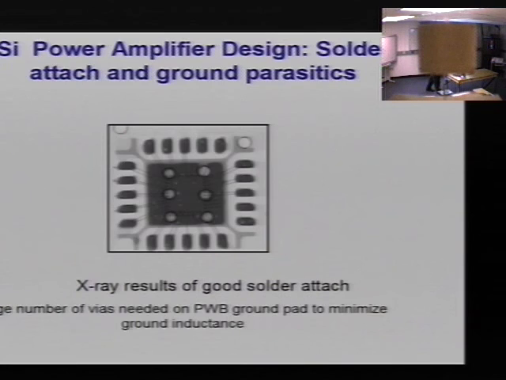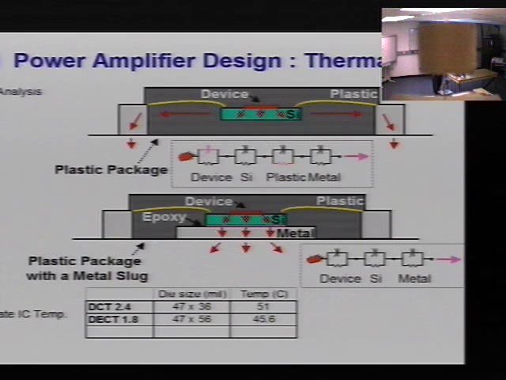Now, to be more detailed into it. Excuse me. Do your conclusions take into account that the GSM system, for example, has a duty cycle? Yes, exactly. So we have the duty cycle in GSM, and I didn't bring the slides. We did the analysis, and that's where we take into account the heat capacity of silicon in these materials, and pulse it, and take a look at what the temperature rise is as an equivalent RC type circuit.